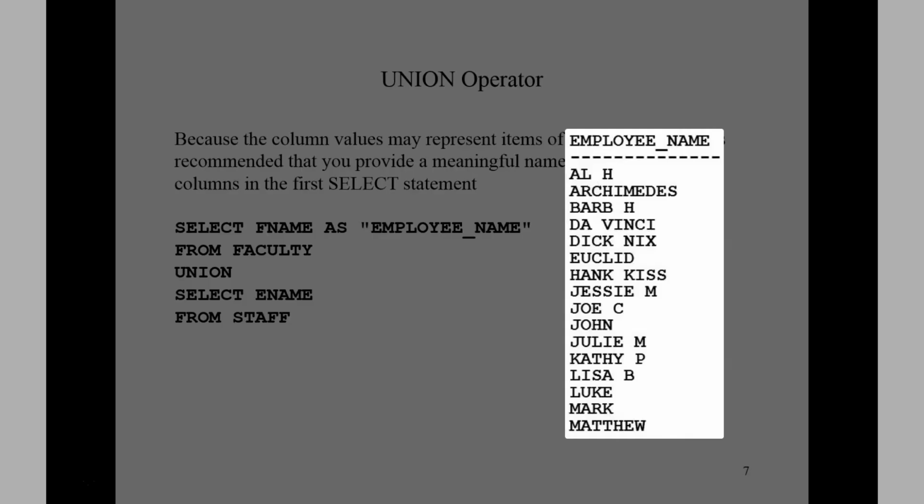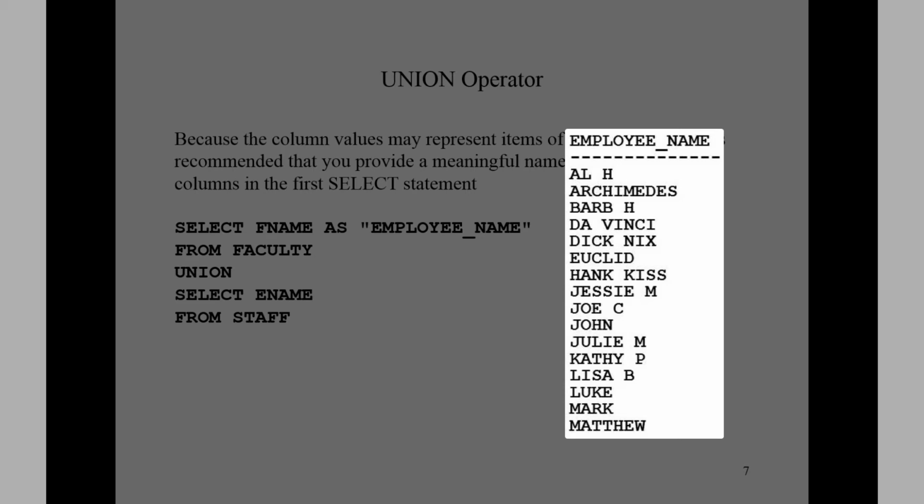In this example, that column is going to be supplied with the name of employee name. Another important observation can be made regarding this statement and the union operation. In our database, no two faculty have the same name, no two staff have the same name, and no faculty and staff share the same name.